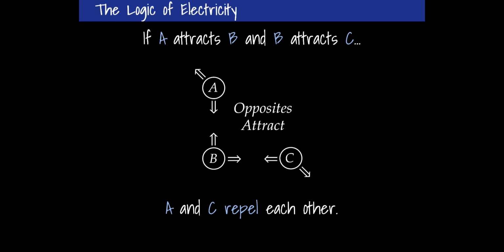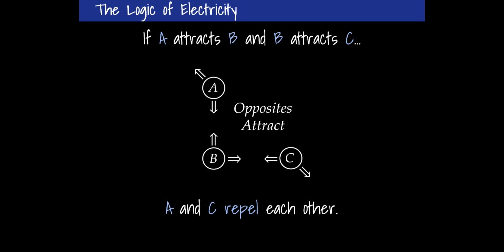And then I also prepare a third object, C, which is also attracted to B. So A attracts B, and B attracts C. What you then immediately discover is that when you bring A and C in the vicinity of each other, they repel. This is the logic of electricity. It can be repulsive or attractive depending on how the charged objects are prepared.